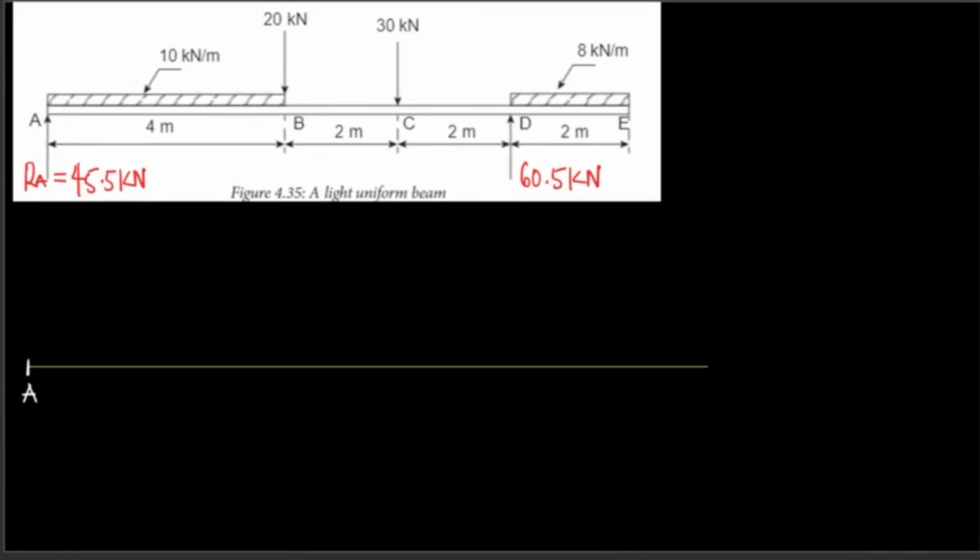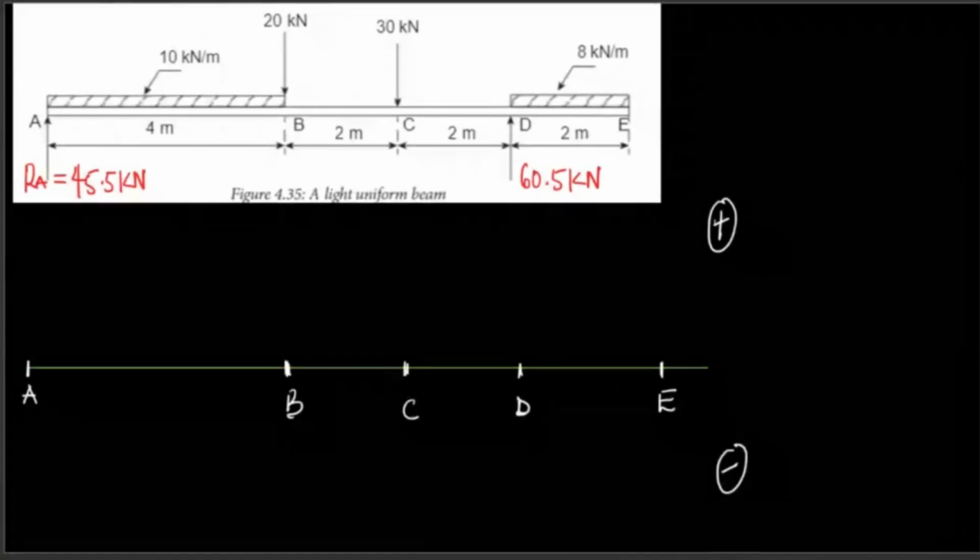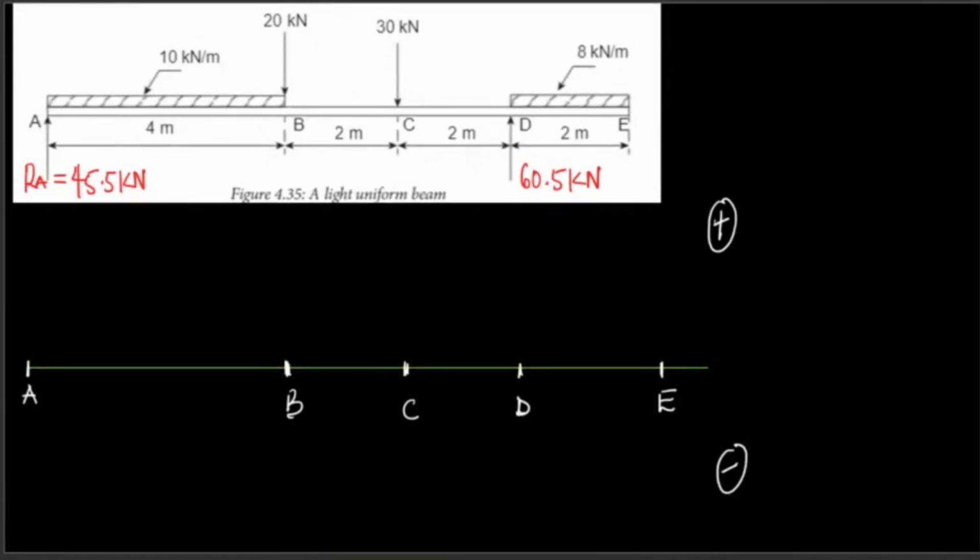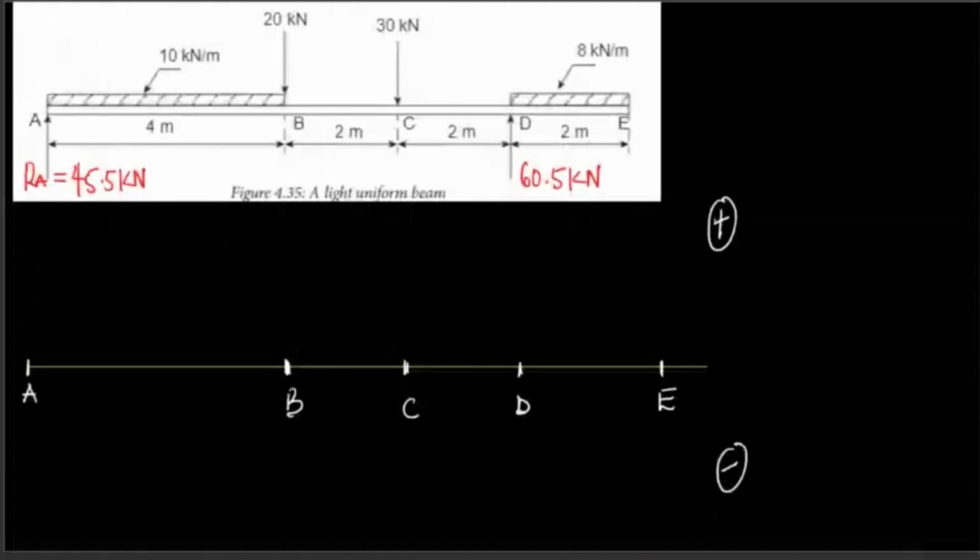This is A. This is B. This is C. You can draw it graphically or you can just sketch it. This is D. And this is what? E. Now you must know that this side is the positive side. This side is the what? Negative side.